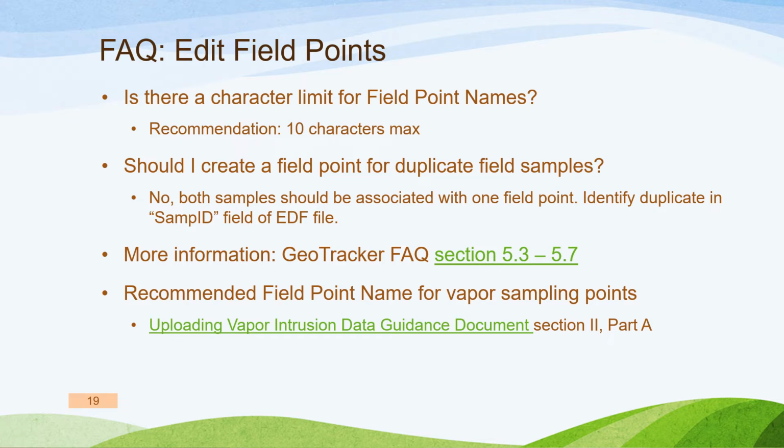And for the fixed length format, the field point name field is limited to 10 characters or less. So any characters that exceed that 10 character max limit will be cut off in the file. And in the effort to best match the name available in the system and what's available in the EDF file, our recommendation is to keep the name 10 characters or less.